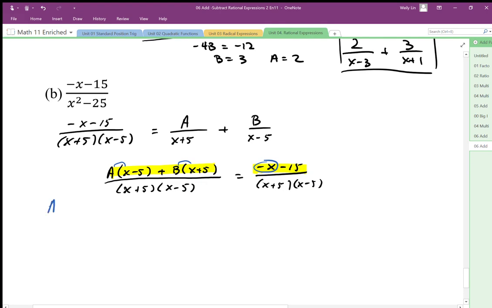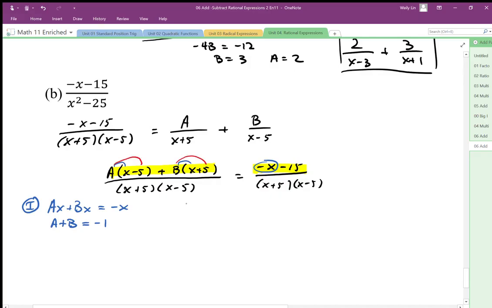So we end up with Ax plus Bx equals negative x, or we can just say that A plus B equals negative 1. So there's our first relationship, relationship number 1. The other relationship comes with the constant terms.